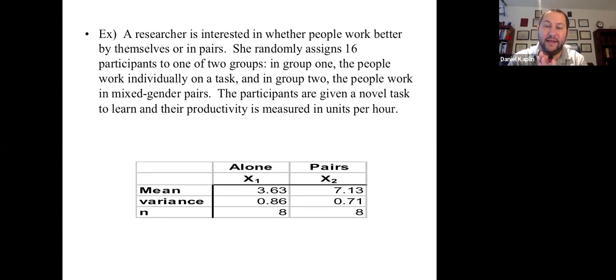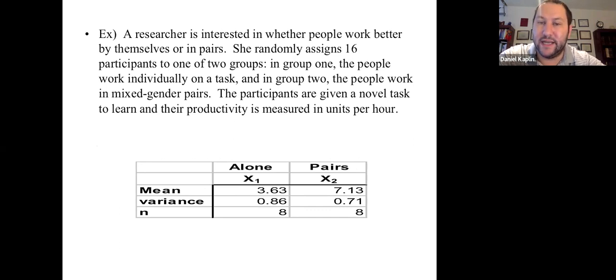Now, here is an example, and I've already preset it on the board, but I will have to set up my camera. Let's say a researcher was interested in whether people work better by themselves or in pairs.